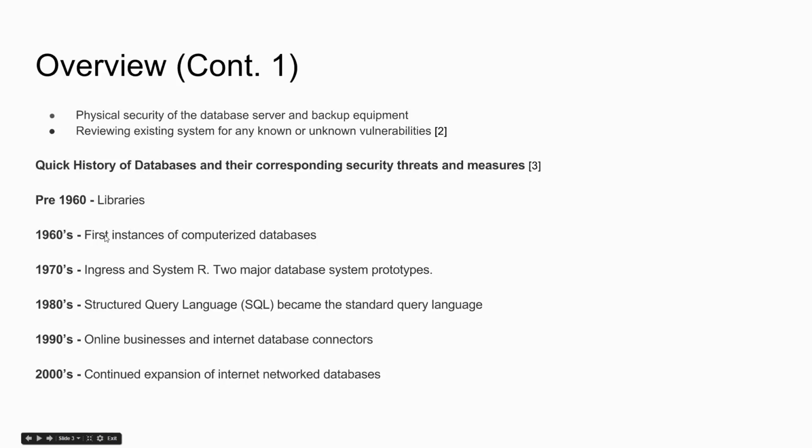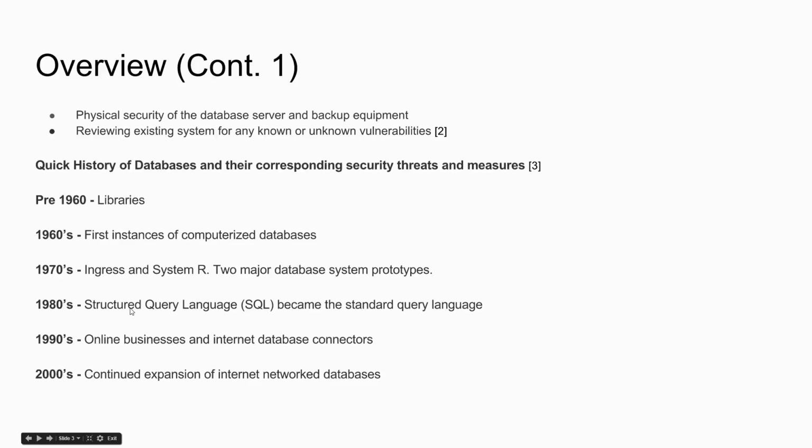Into the 1970s, we had two systems, the Ingres system and System R, which would carry over into a lot of ways that we do database queries these days. These are the two major database system prototypes, and they came about in the 70s. In the 80s, we had structured query language, SQL, and that's when it first showed up. It became the standard query language.